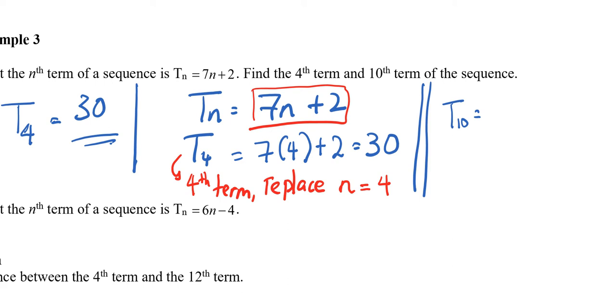N replaced with 10, right? Can you repeat after me? So what must you replace the n here with? So what do you write here? Wrong. You must repeat this. 7 times what number? 10 plus 2.